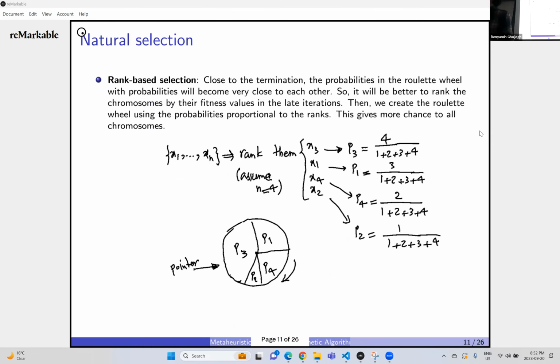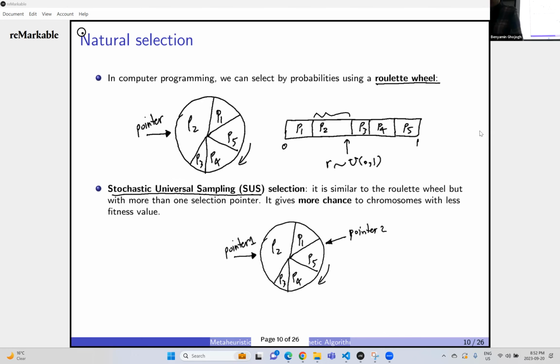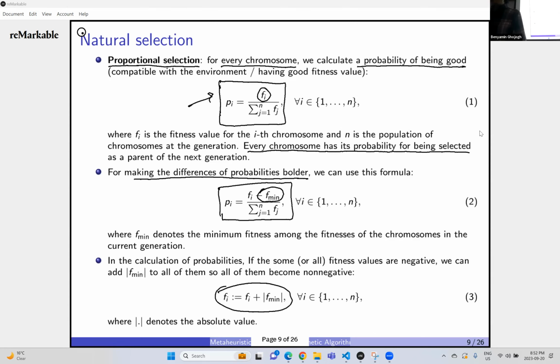The question is how subtracting minimum fitness in the second equation exaggerates the selective pressure. Consider the chromosome with the minimum fitness. Its equation 2 value becomes 0.